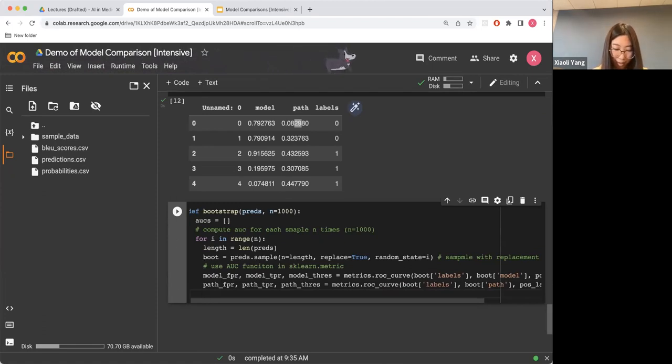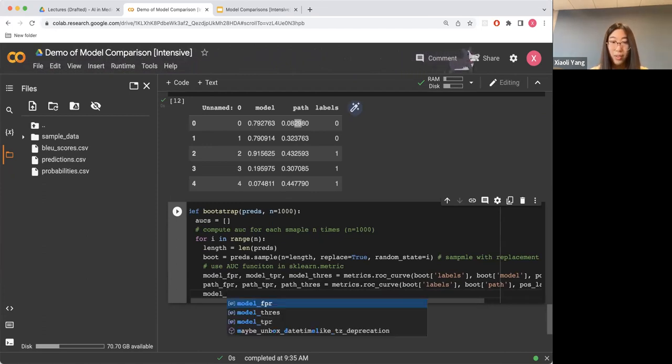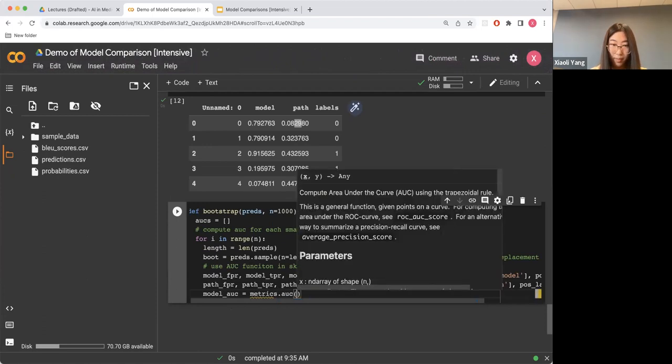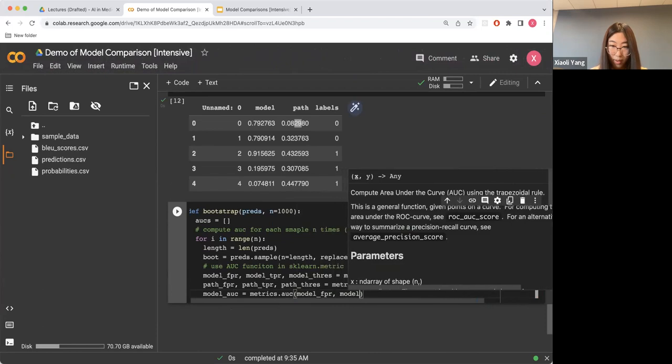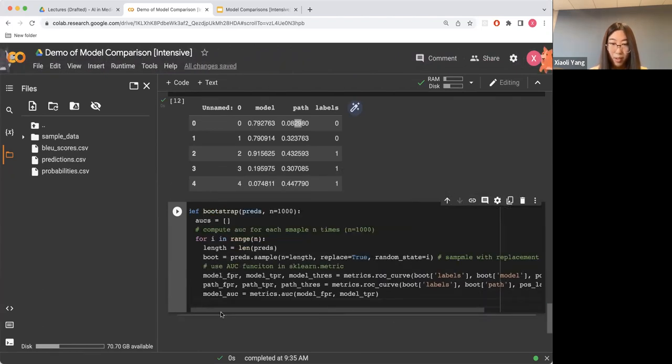We simply use the default function, metric AUC, for the model AUC. We put in the output. And similarly for the pathologist AUC, compute it again.